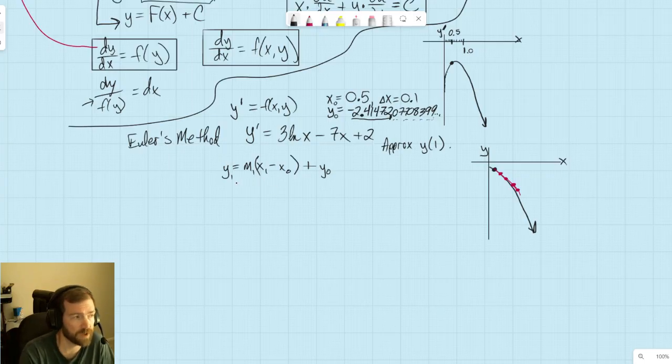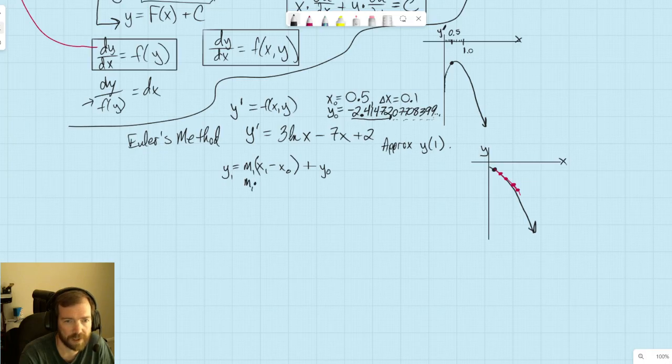Okay, so what we do here is we say, all right, let's plug in the values that we had up here. Our delta x is going to be 0.1, so x1 minus x0, the difference between the two x's, is just delta x.